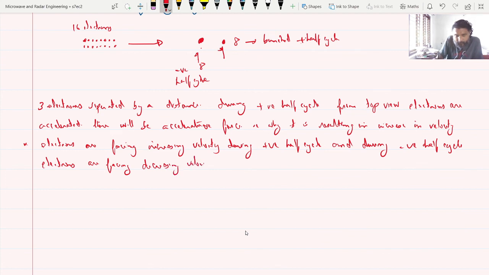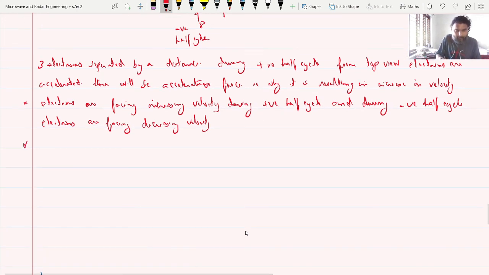Only thing you have to keep in mind is if I have 16 electrons, 8 electrons will be bunched during the positive half cycle. It is delayed by some amount, and another 8 electrons will be bunched during the negative half cycle. Okay.